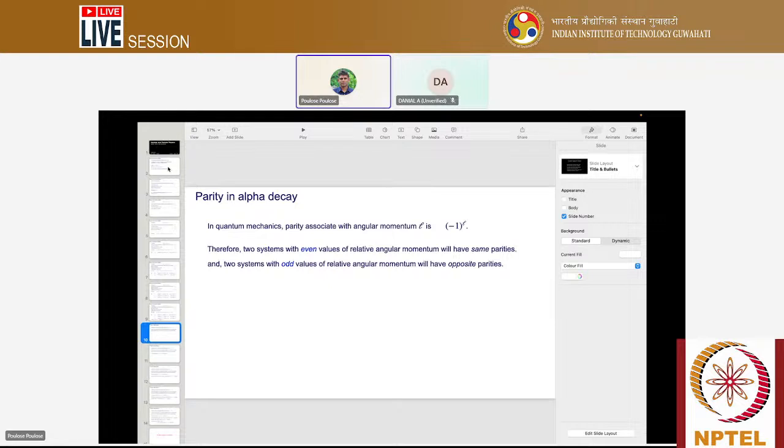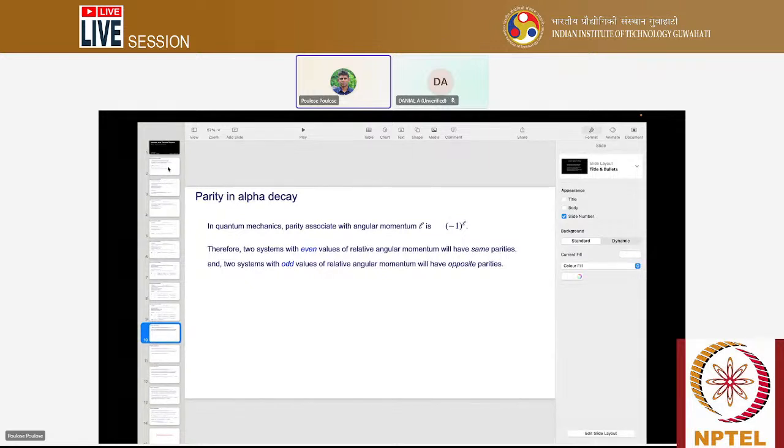Okay, so which means that if you have a system with orbital angular momentum L equal to 1, then minus 1 power 1 is equal to minus 1. And if it is having an angular momentum 2, then it is minus 1 power 2, which is equal to plus 1. Parity can only be plus or minus 1. That's why it is minus 1 power L. Whatever the number that you have as orbital angular momentum, it is always an integer value.